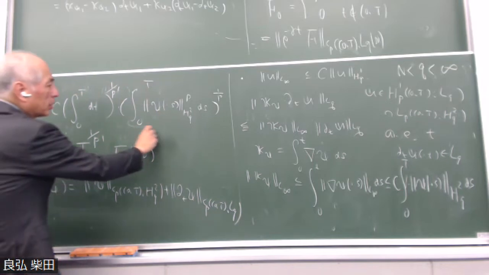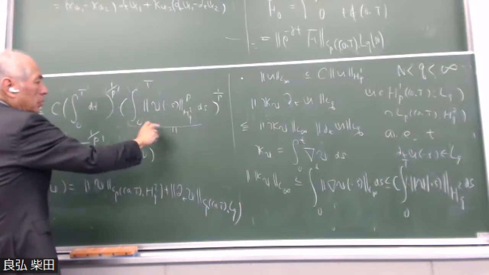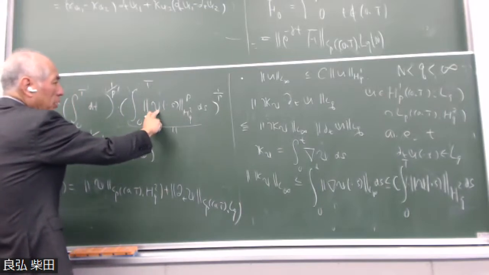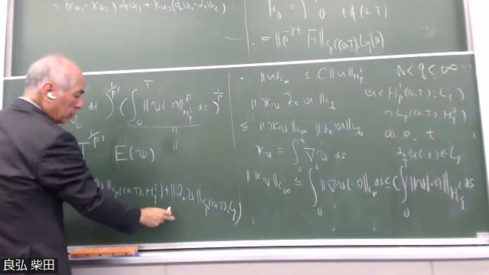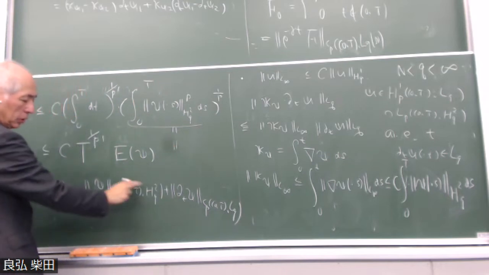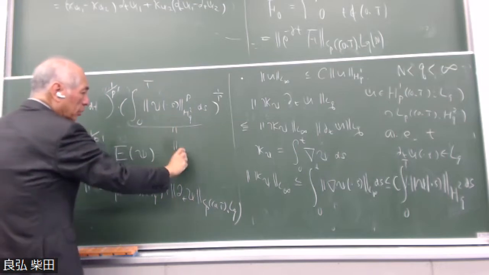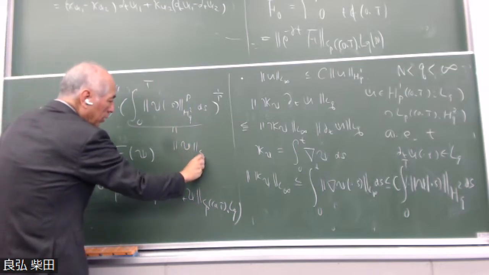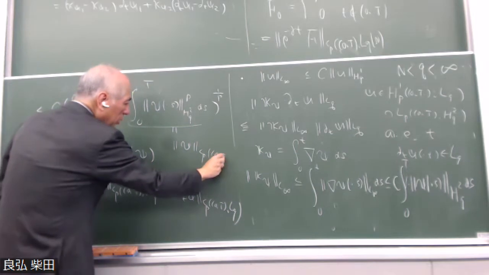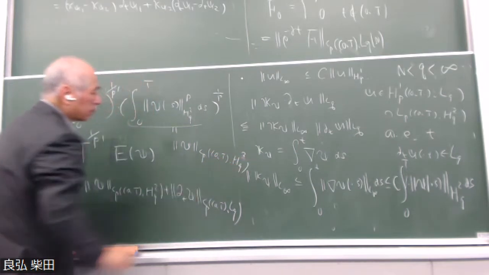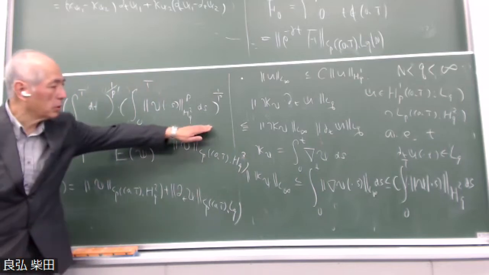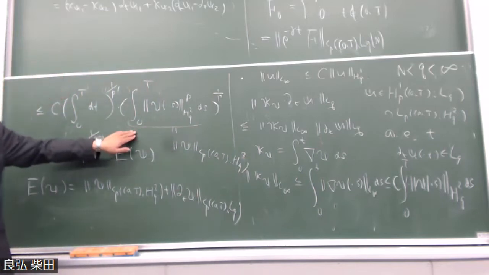Therefore, this is the H2Q norm of B, LP in time. If you use this notation, then this can be written as B, LP, 0T, H2Q.